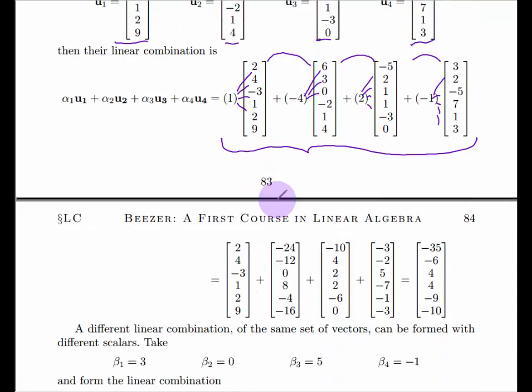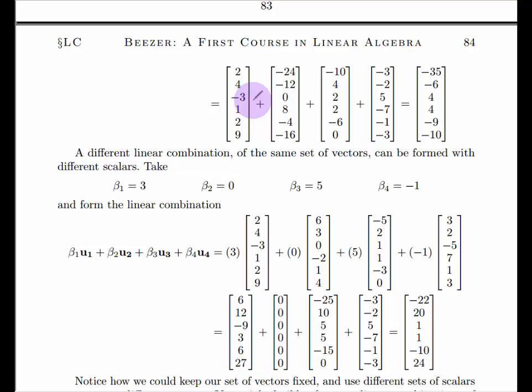So we'll see how that works on down here. Here the vectors are multiplied. And then here the components are added. 2 minus 24 minus 10 minus 3 is minus 35. 4 minus 12 plus 4 minus 2 is minus 6. You can check all the answers, and we have a linear combination.